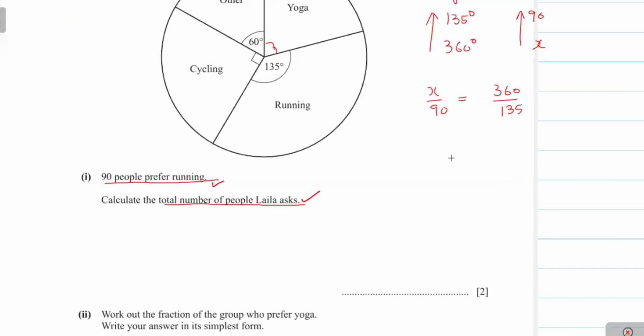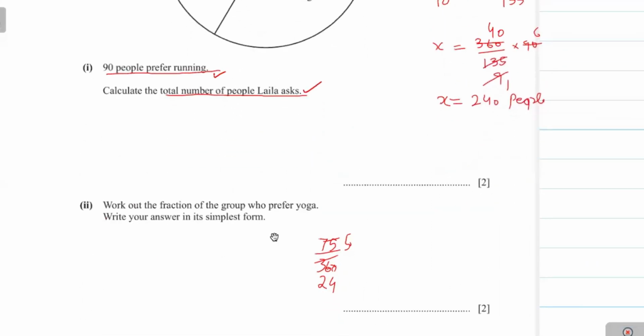X equals 360 over 135 multiplied by 90. 15 times 9 is 135, 15 times 6 is 90, and 9 times 1 is 9, 9 times 4 is 36. Therefore, 240 people is the answer.